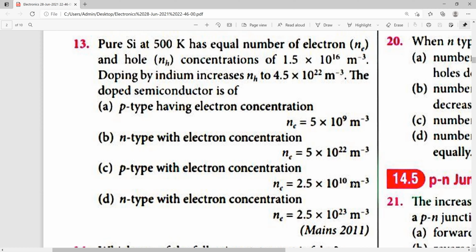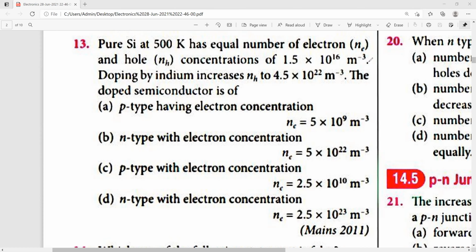Second one, N-type with electron concentration n equal to 5 × 10^22. Third one, P-type with electron concentration n equal to 2.5 × 10^10. Fourth one, N-type with electron concentration n equal to 2.5 × 10^23. This is calculated by using a formula.